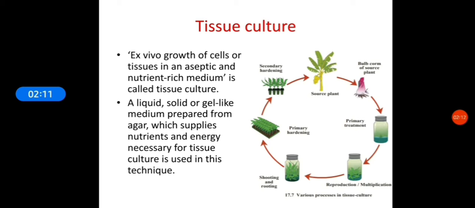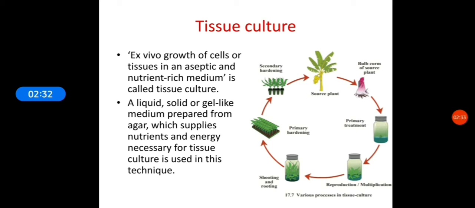Tissue culture technique involves the steps as shown in the figure. The first step is collection of tissues from the source plant. Parts like a bulb or corm of a source plant can be used for starting the tissue culture.